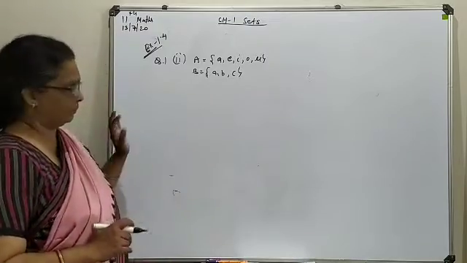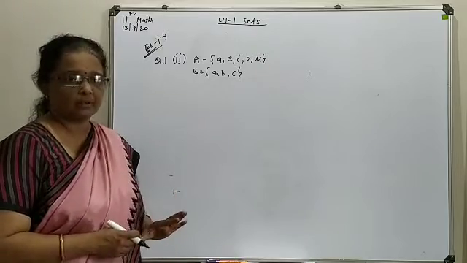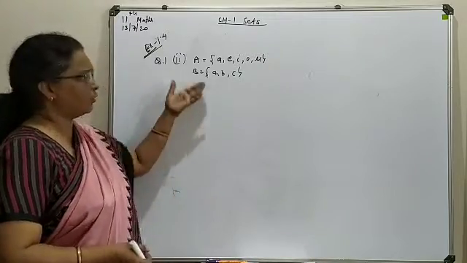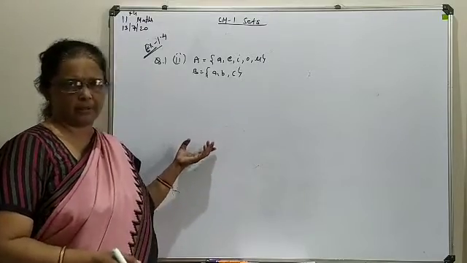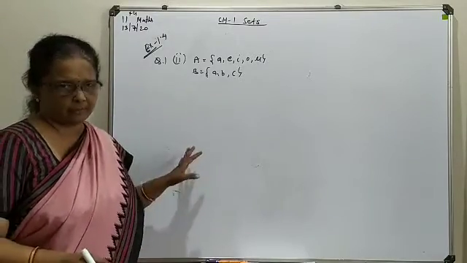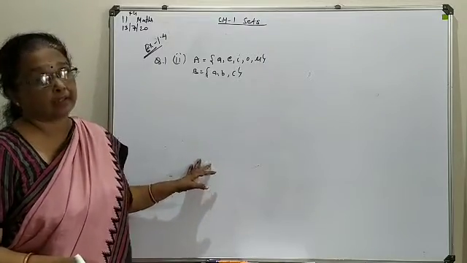Writing the set operation you are going to perform is important in set theory. You can write the answer directly, but that would be an improper way to write. Formally everything has to be written in a proper manner, then only your answer will be considered correct.